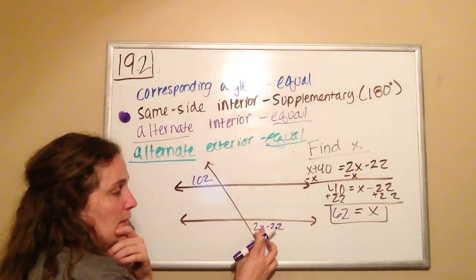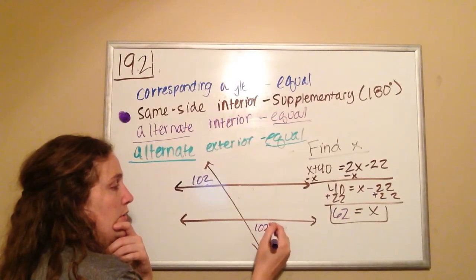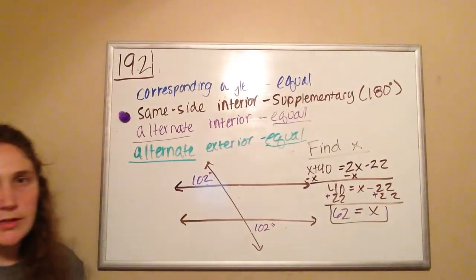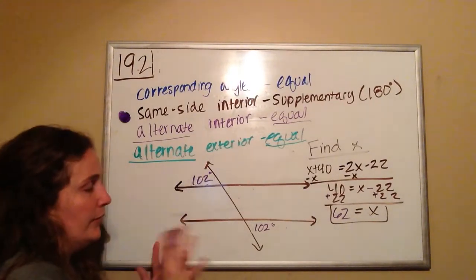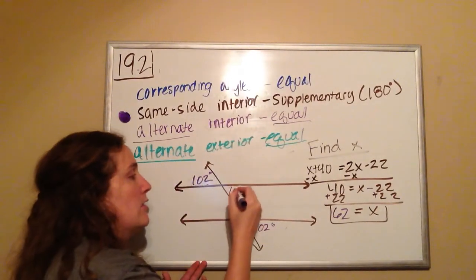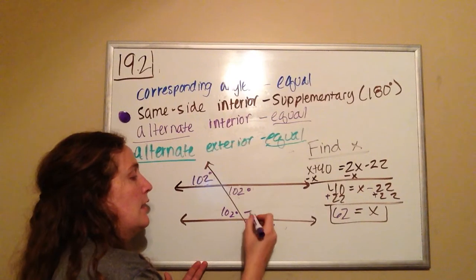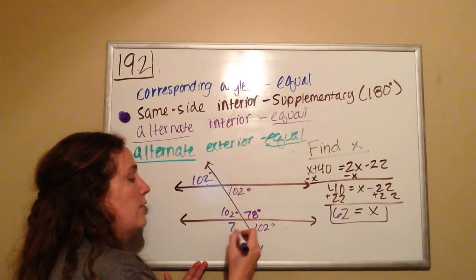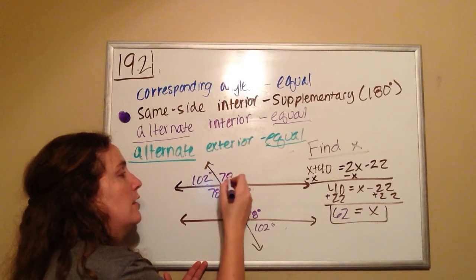And when we plug 62 into here, we also get 102 degrees. And we should be able to solve the rest from here. You can use all these definitions and you'd end up getting 102, 102, and you should get 78, 78, 78, and 78.